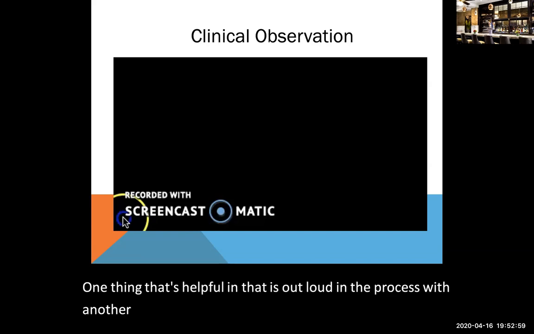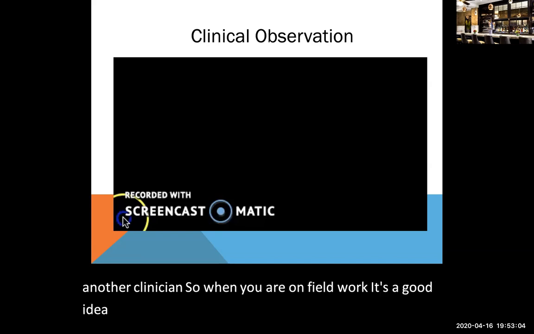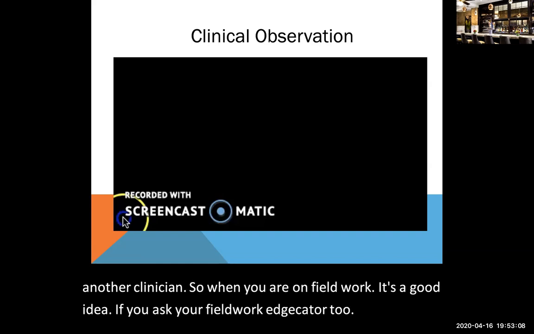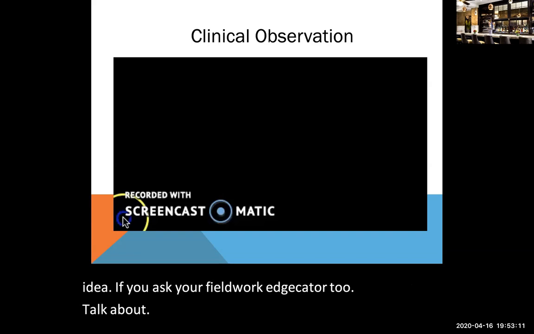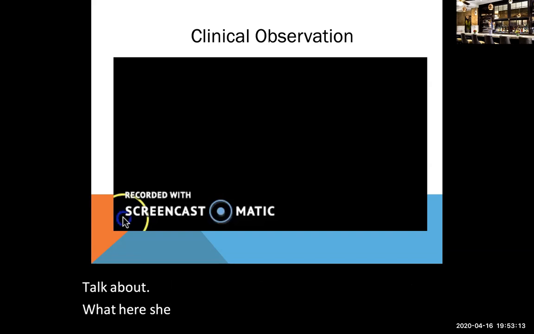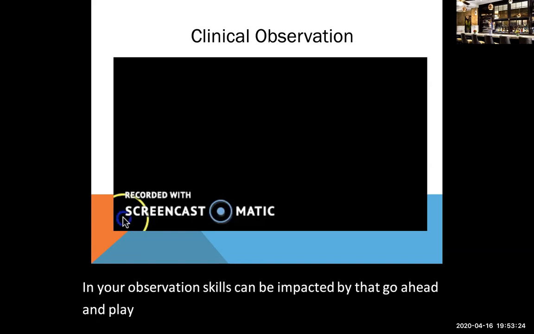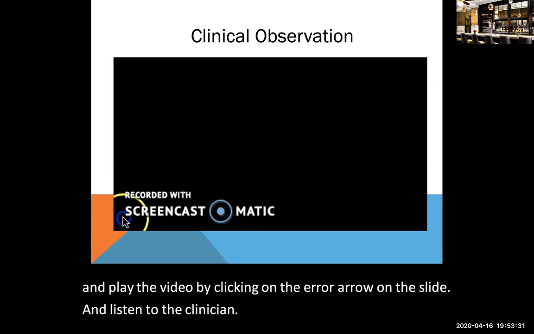So when you are on field work, it's a good idea if you ask your fieldwork educator to talk about what he or she notices with clients, and think about how your observations and your observation skills can be impacted by that. Go ahead and play the video by clicking on the arrow on the slide and listen to the clinician talk through the observation.